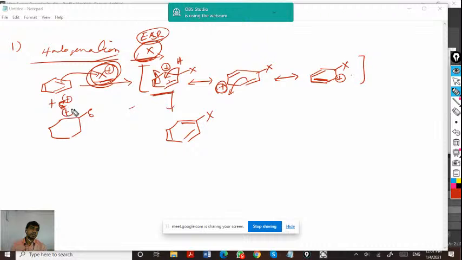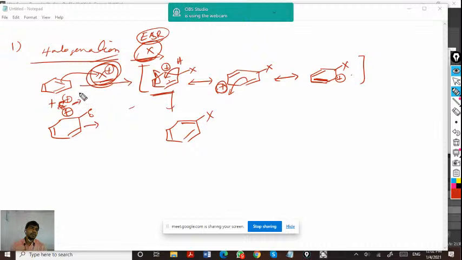When an electron deficient system reacts, the resulting molecule will have less electron density, or electron deficiency. So if the reagent has electron deficiency, the resulting product or intermediate will also have electron deficiency.